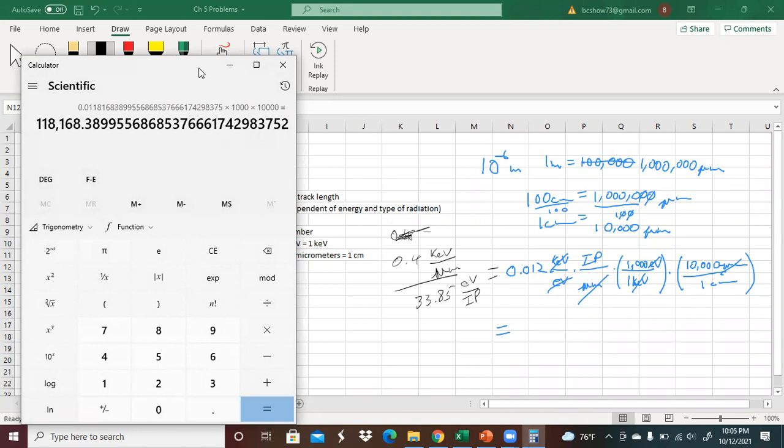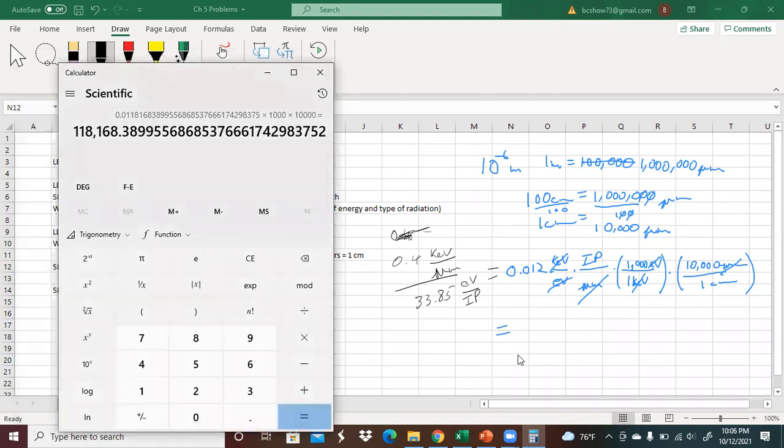So I should end up with 118,168, which is in fact what I end up with. I should end up with 118,168 ion pairs per centimeter. So hopefully that makes a little sense here.